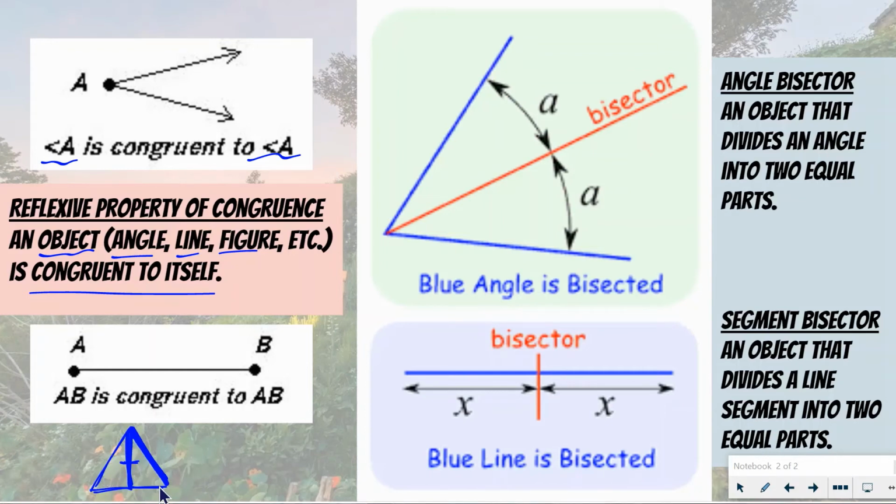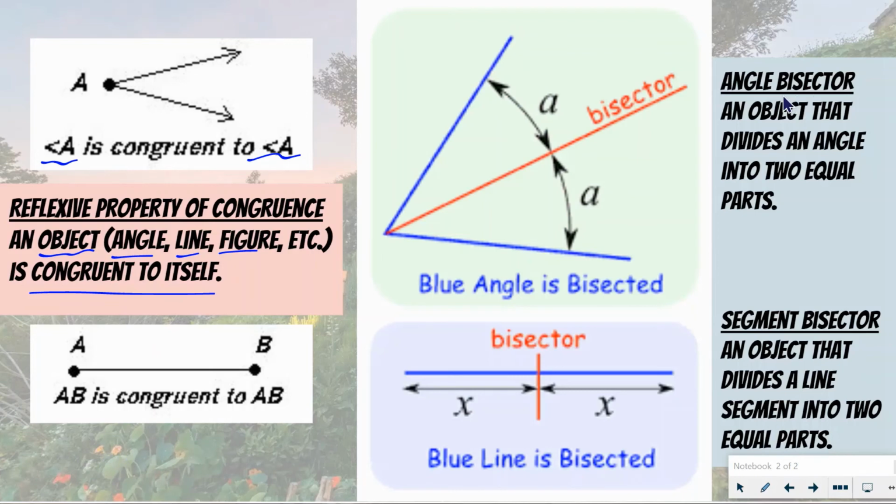That's really where the reflexive property comes in. When I'm trying to say, let's say, all three of these sides are congruent to all three of these sides, I need to actually state that this is a part of that and a part of that, and since it's a congruent part of both triangles, then I actually have all three sides congruent. So it's a way to use a part in two different shapes because it's the exact same part.